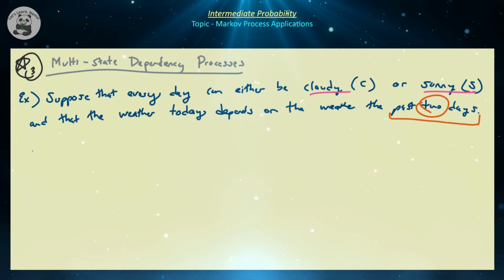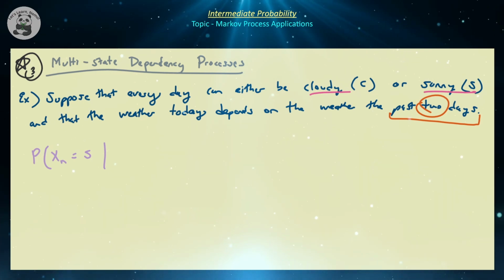So that means, for example, the probability that the weather today is equal to some particular state S is dependent completely on the weather at time t equal to n minus 1, and also n minus 2, right?